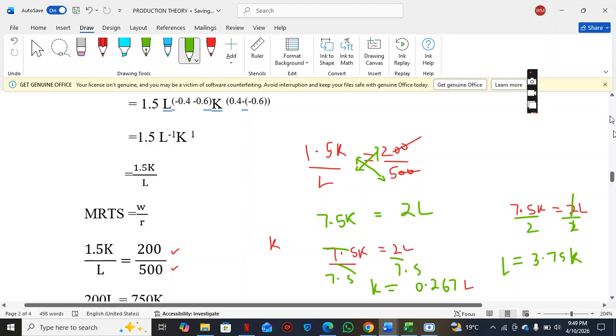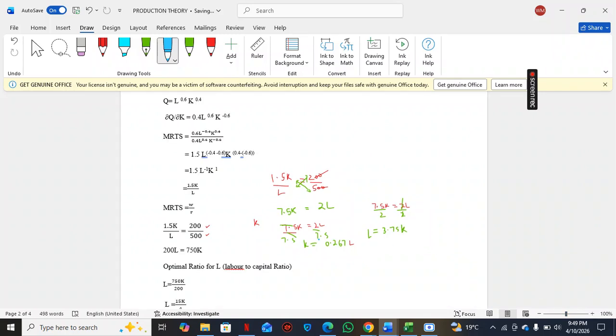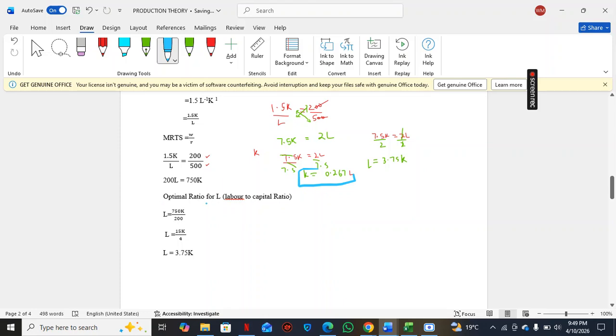Okay, these two things that we've tabulated here, these are what we call the optimal ratios. Let me even just go to the typed information here. The optimal ratio for labor, or the labor to capital ratio, you have seen, L equals 3.75K, right?